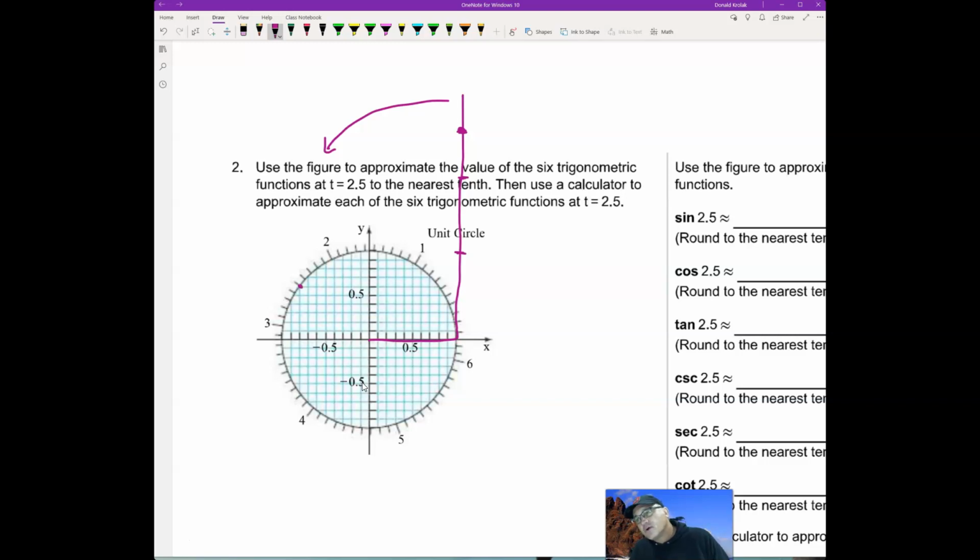So to get my coordinates then, that's going to be the y coordinate, which is 6/10. And then my x coordinate, let's see, well, this is 1, so this would be 0.9, 0.8.